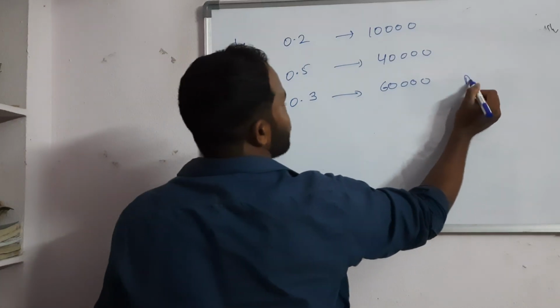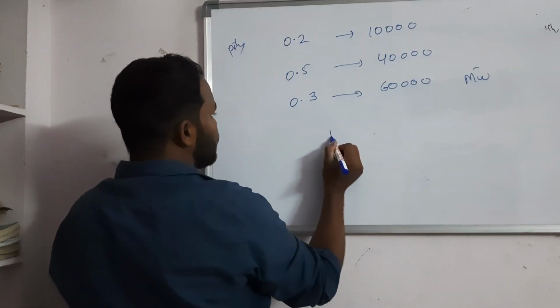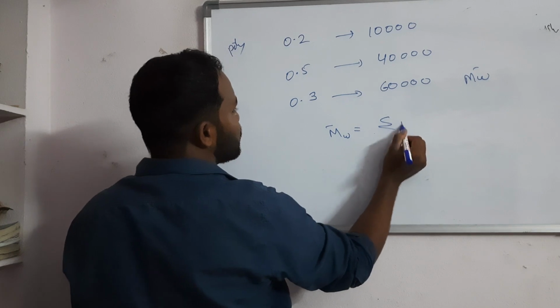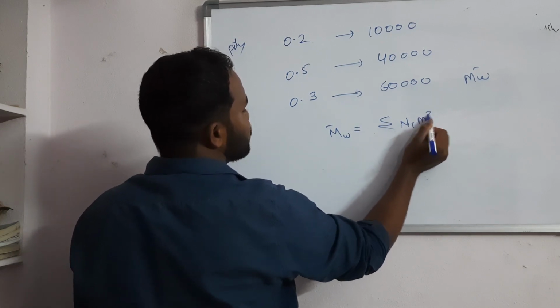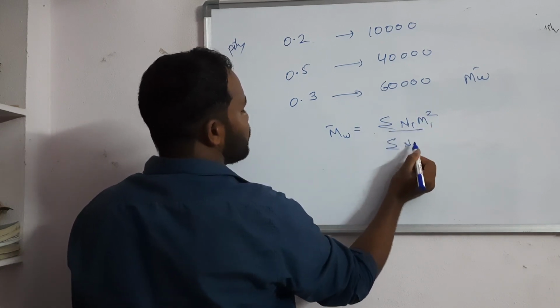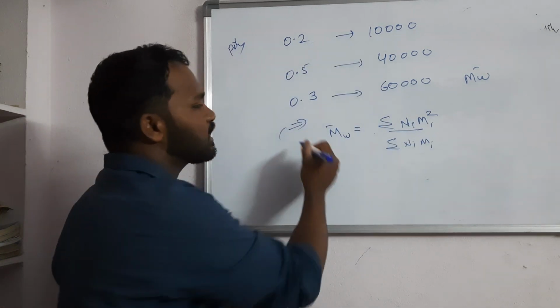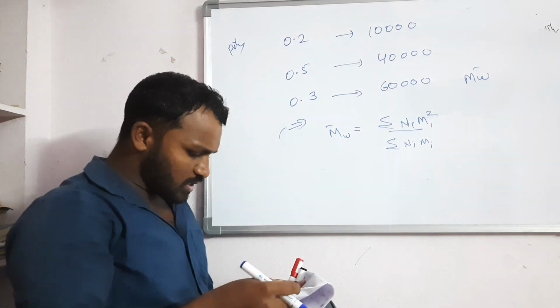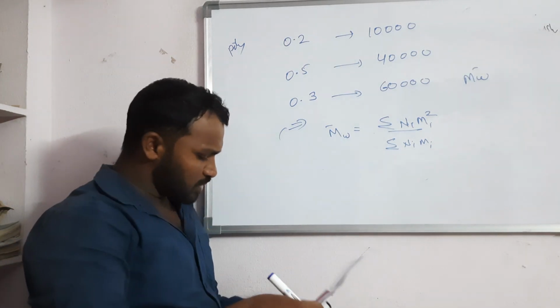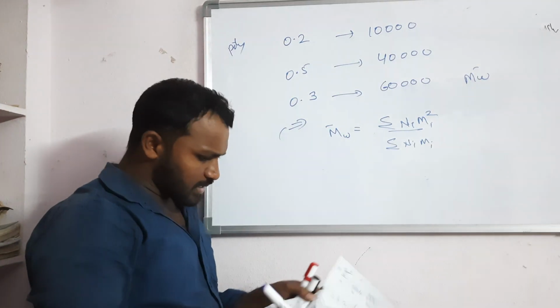They ask you to find the Mw bar. Use Mw bar equal to summation NiMi squared by summation NiMi. If you substitute this, same as the previous question, you will get the answer.